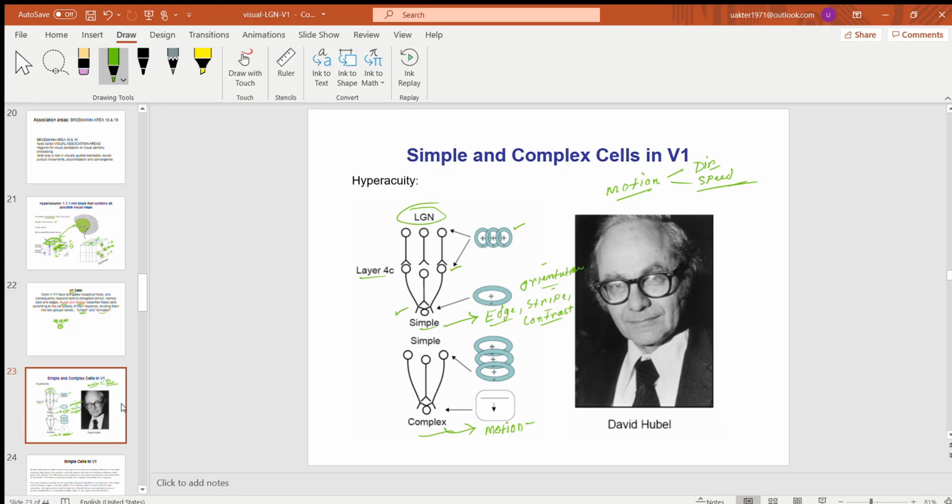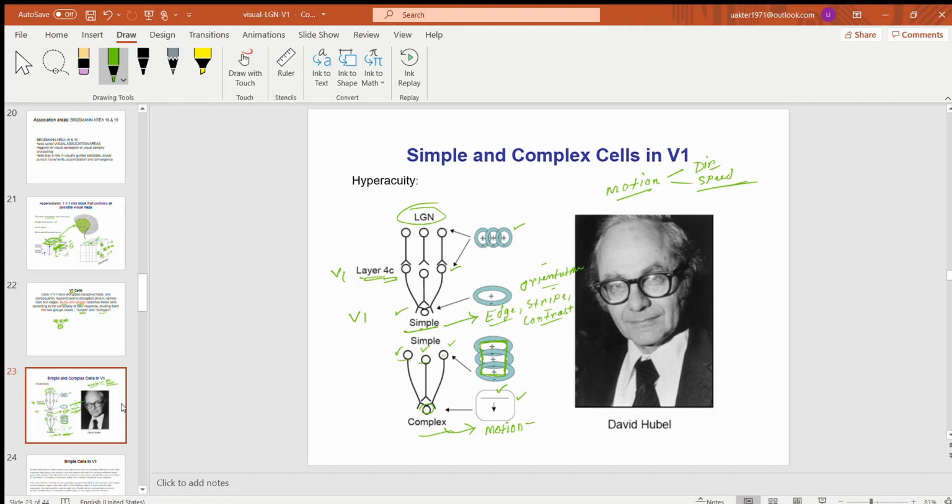Okay, and simple cells of V1 receive input from the lateral geniculate, from the 4C input layer neurons, and then here you see multiple simple cells converge on a complex cell. That's why the receptive field size is the combination of all these three on centers. So much bigger, okay?